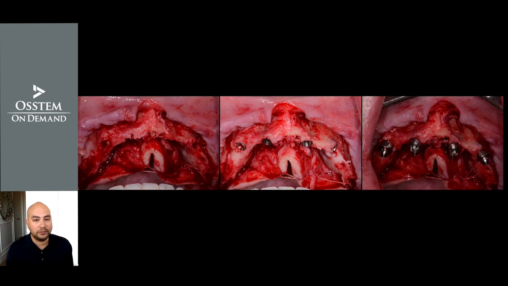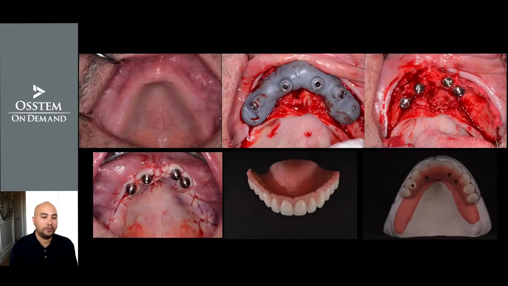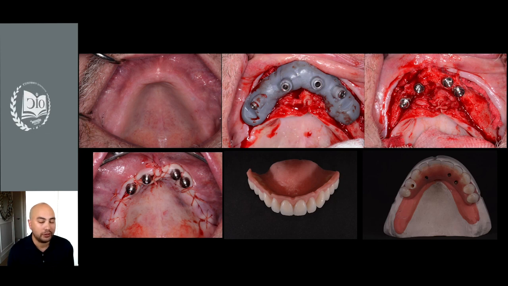And then in this case we under-prepared the implant sites in order to minimize the implant fenestration or dehiscence. We can then also fabricate a 3D printed surgical guide or a pilot drill guide, which basically fits onto the residual ridge, and that allows us to place the implants in a correct and ideal position, minimizing the bone fenestration and dehiscence.